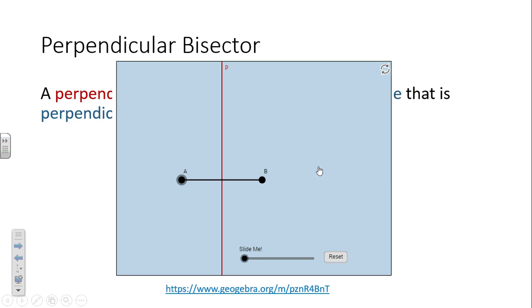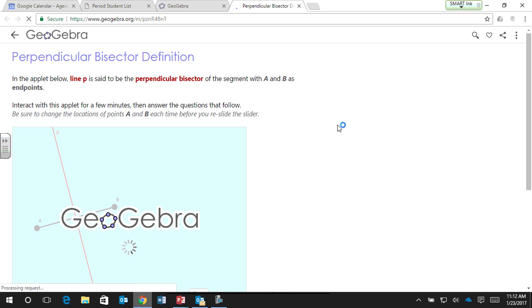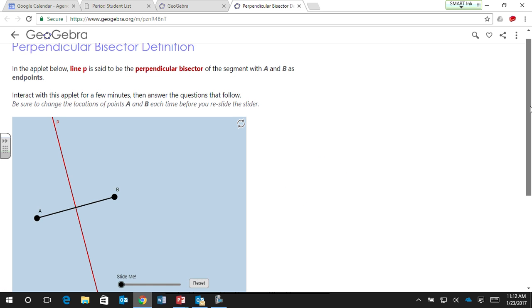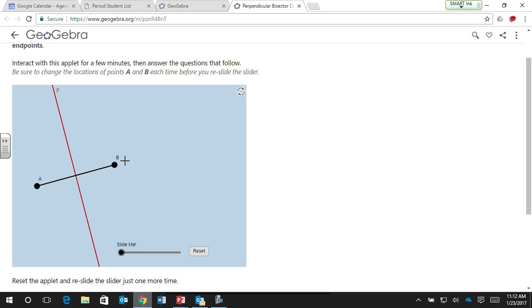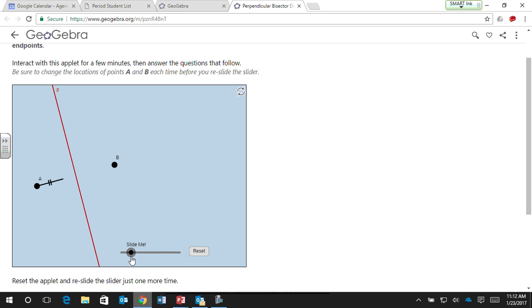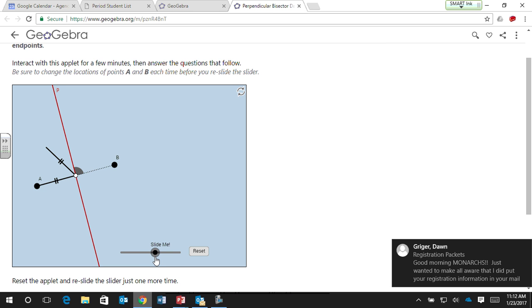This is just a little GeoGebra demonstration, a little applet. And it says, if you want to show that line P is a perpendicular bisector, it has to, first of all, split segment AB into two congruent parts.